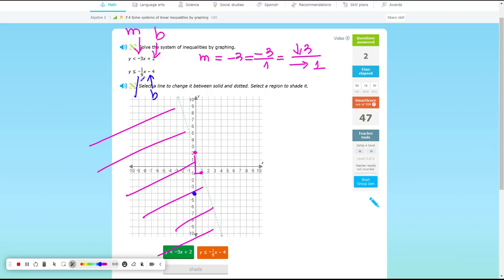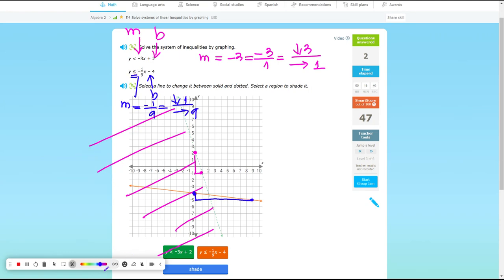The slope is negative 1 over 9, which means down 1, right 9. Go and get my tool. First at negative 4, down 1, right 9, right there. I can see it's solid because there's an equal sign. That's why it's solid.